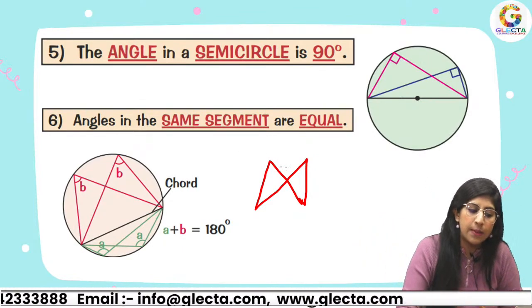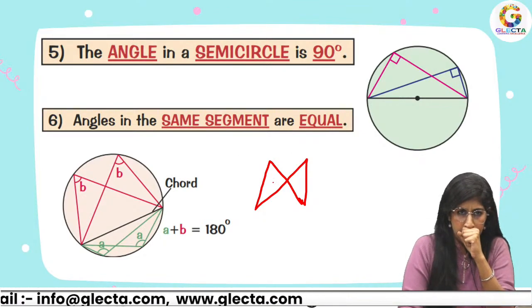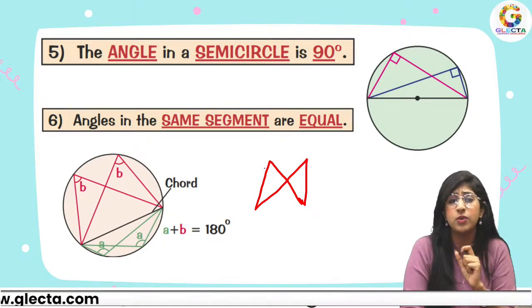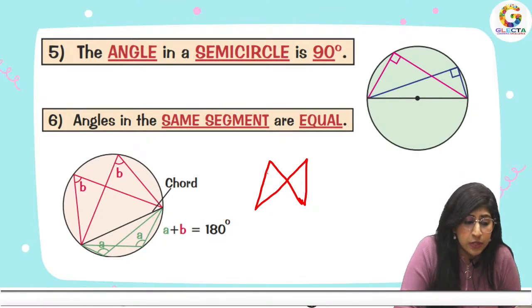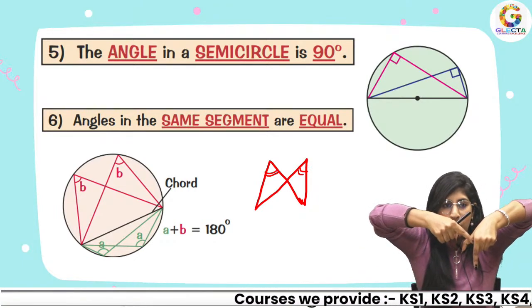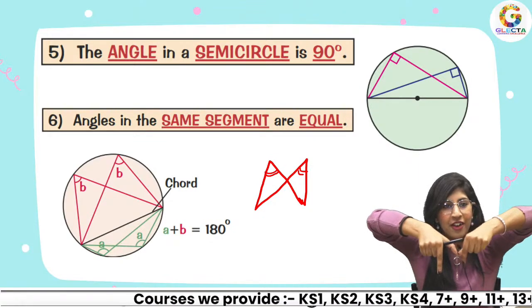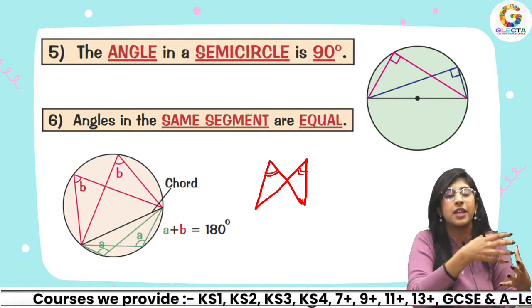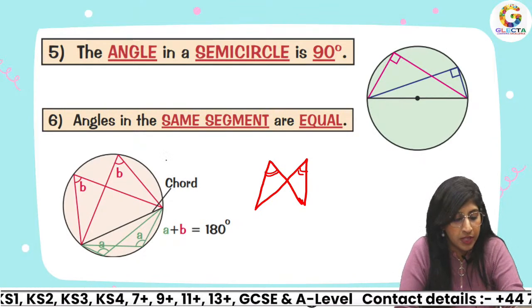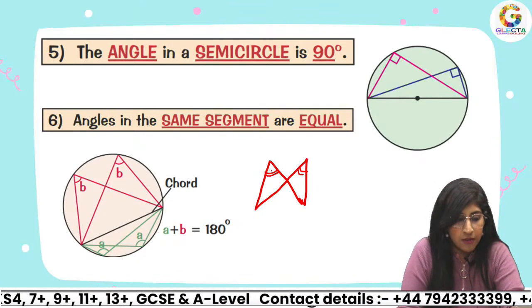Whenever you see something like this, the angles made on this M side, the angle over here and the angle over here, that's when we say the angles in the same segment are equal. That's what we are mainly talking about.